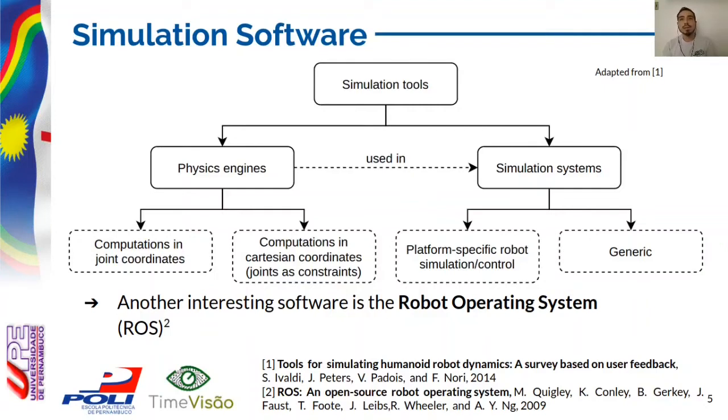On the other hand, the simulation systems, at the right side of the figure, are development environment software, which facilitates the definition of a simulation scene and its development. Another interesting software is the Robot Operating System, a framework to develop robot software, isolating how the robot's controller must be operated, being useful to create application programming interfaces and use them with different languages.